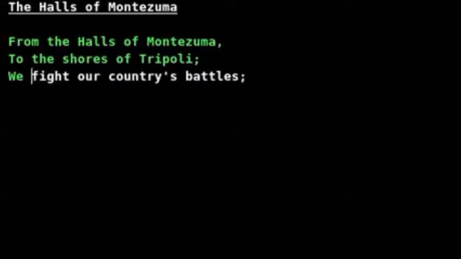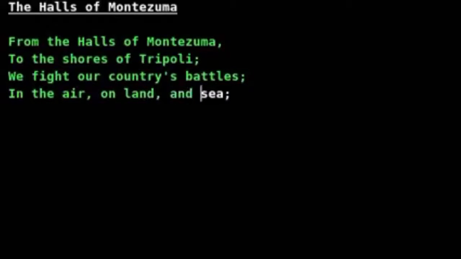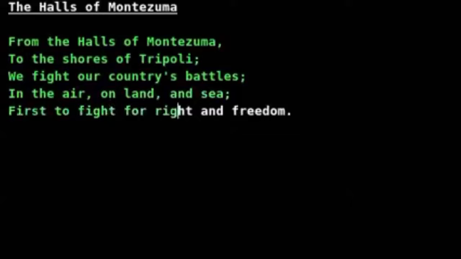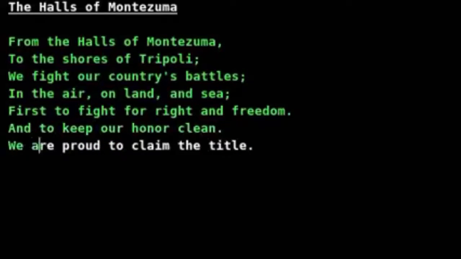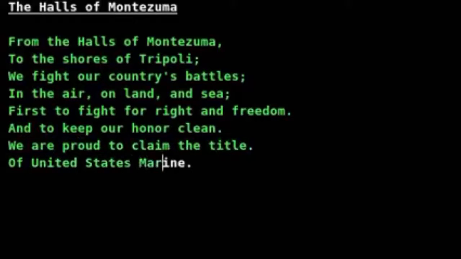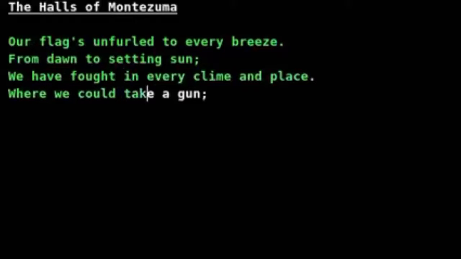From the halls of Montezuma to the shores of Tripoli, we fight our country's battles in the air, on land and sea. First to fight for right and freedom, and to keep our honor clean. We are proud to claim the title of United States Army. Our flags unfurled to every breeze, from dawn to setting sun. We have fought in every clime and place where we could take a gun.